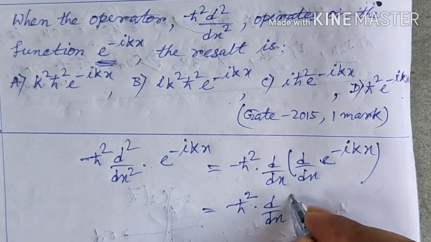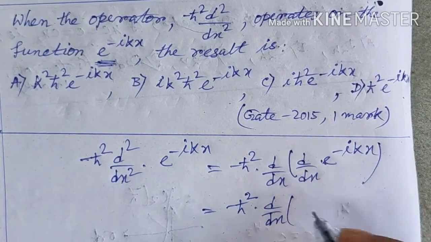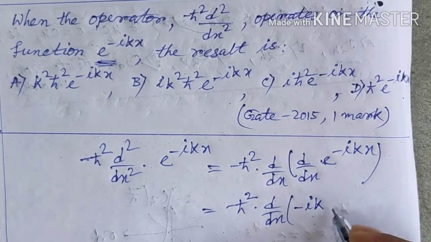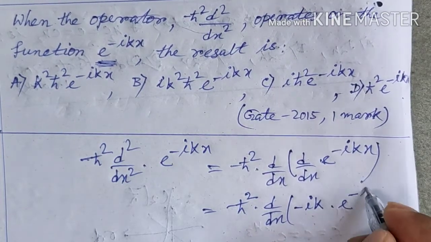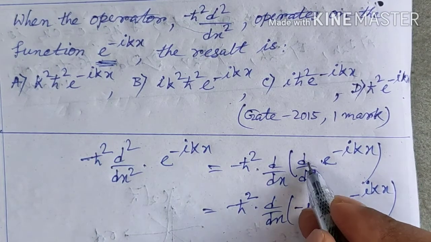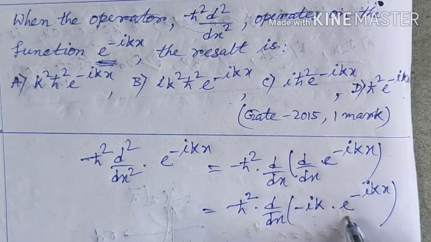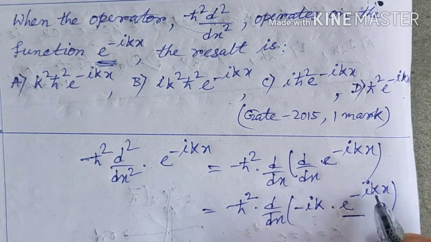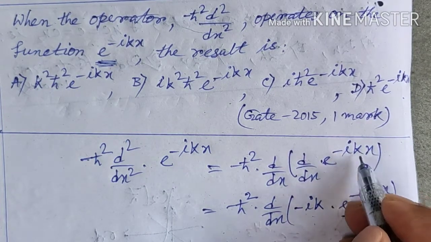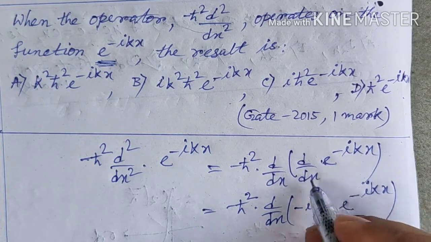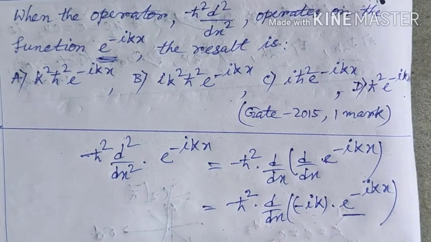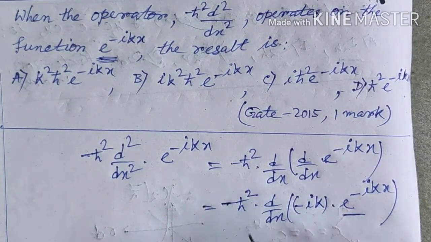So if we differentiate this term, it will be minus ik into e to the power minus ikx. Since differentiation of the e term will be e, and further we have to differentiate the power term, that is minus ikx, and differentiation of minus ikx with respect to x will be minus ik. Here is a minus.